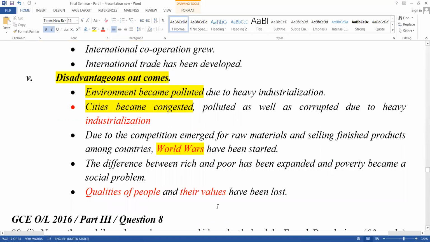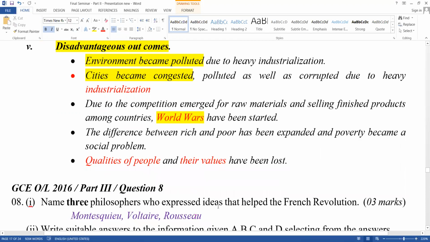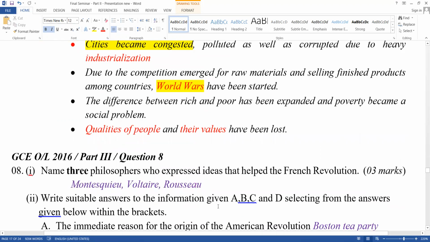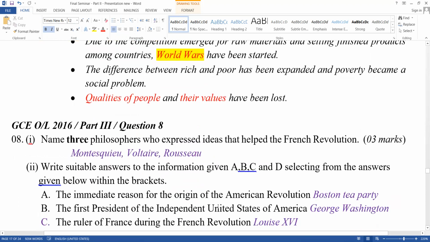Right, 2016. Name 3 philosophers who expressed ideas that helped the French Revolution. Montesquieu, Voltaire, and Rousseau. Write suitable answers. The immediate reason for the origin of the American Revolution: the Boston Tea Party. It was not actually a tea party; it was the struggle of the Americans against the tea tax of the British.